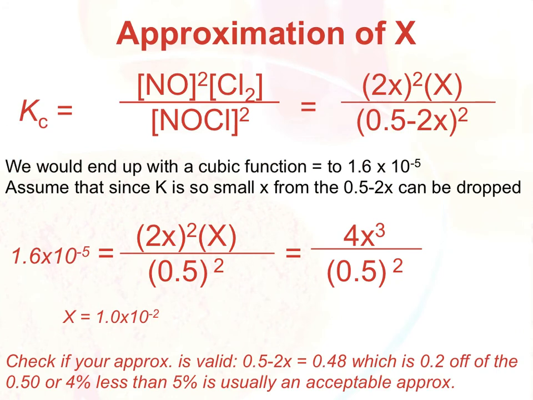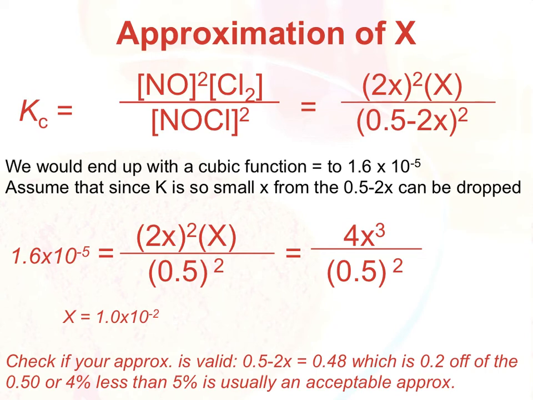So if we look at the numbers that have been provided in this equilibrium expression and the concentration values, you quickly notice that you'd end up with some sort of cubic function, right? Okay, sorry, your 2x squared times x. Okay, that's going to give you a cubic function. Now that doesn't work out really great with respect to solving using the quadratic equation.